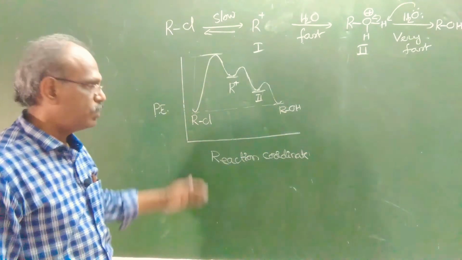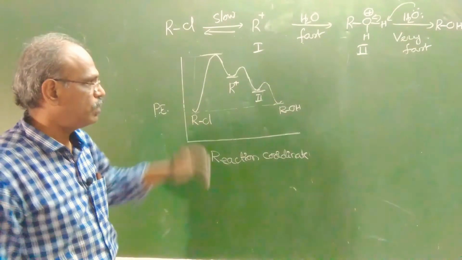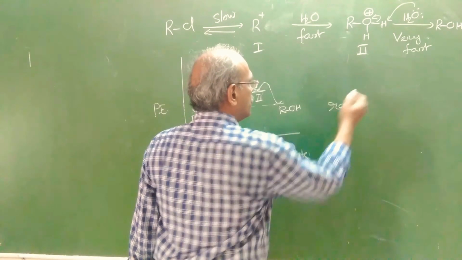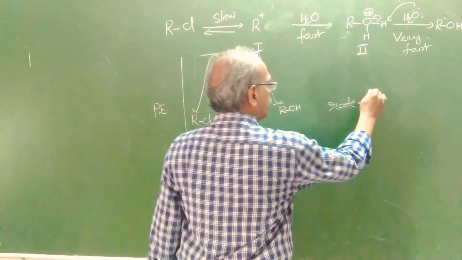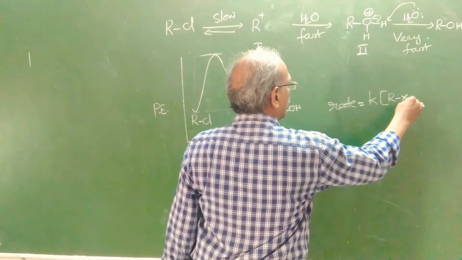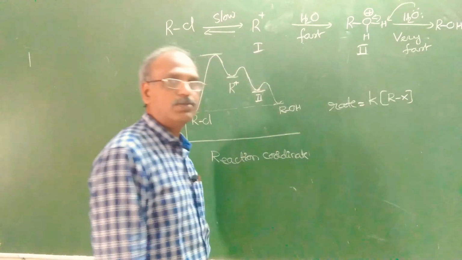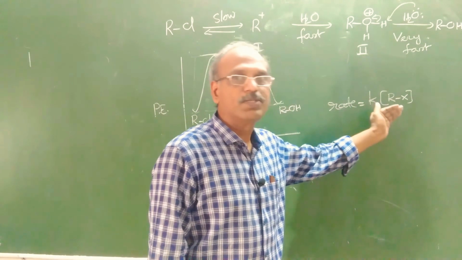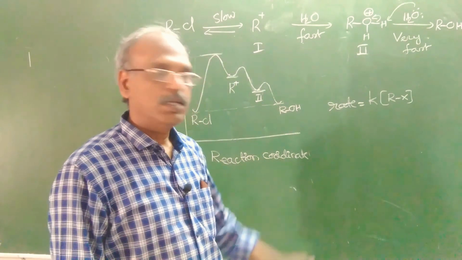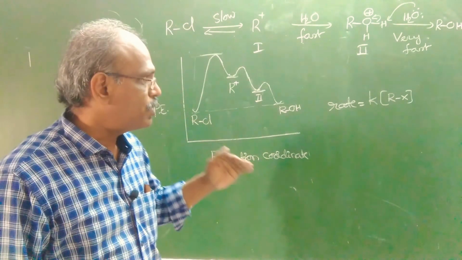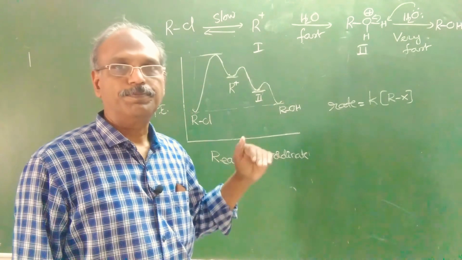So this is the kinetics of this reaction, and the rate of this reaction is equal to k into the concentration of alkyl halide only, because the rate depends only on the concentration of alkyl halide. Okay, this is about SN1 reaction, right?